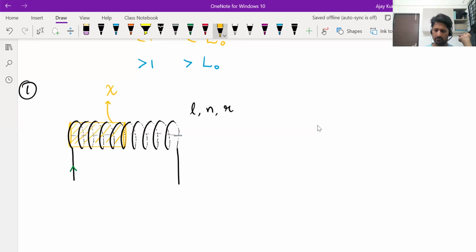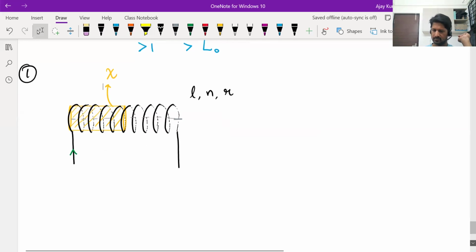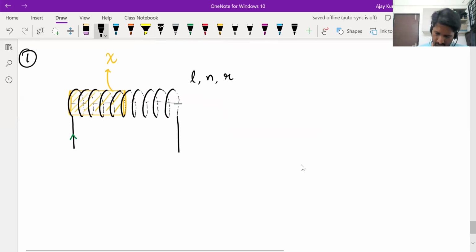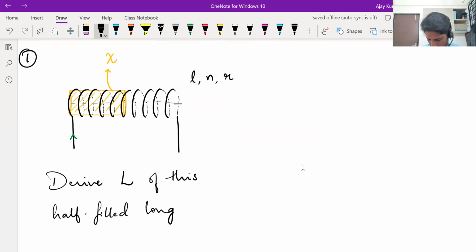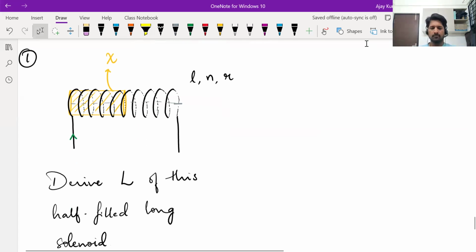So I want the answer in terms of X. Tell me your ideas first. How do you think its inductance can be derived?